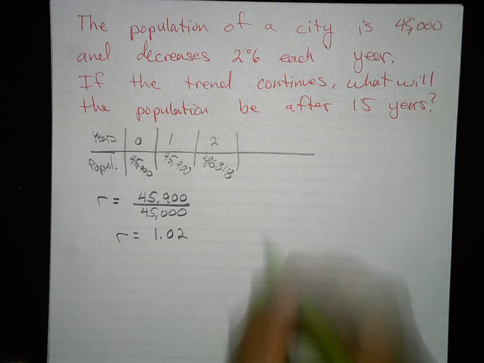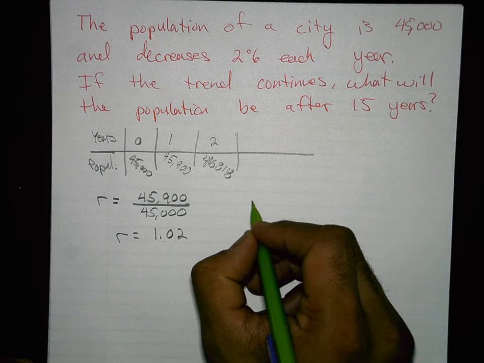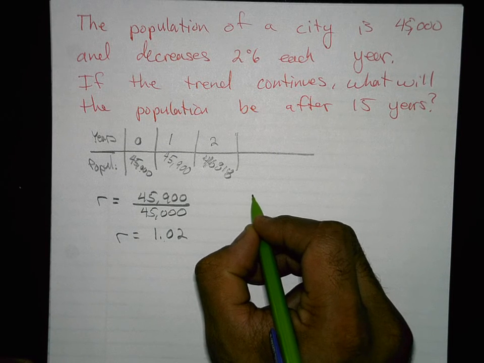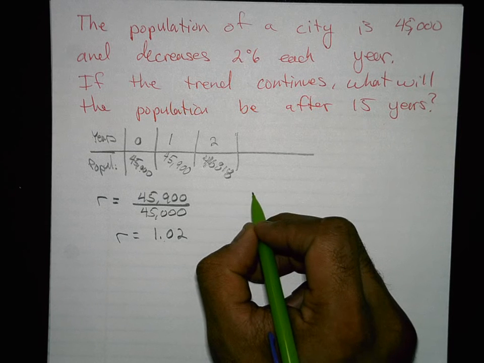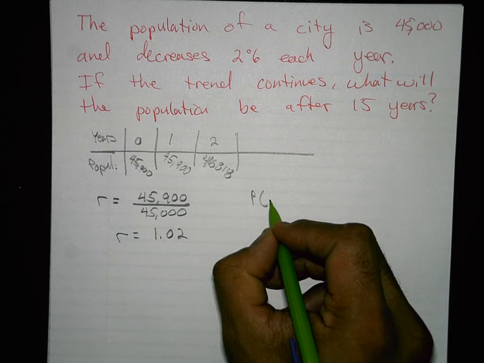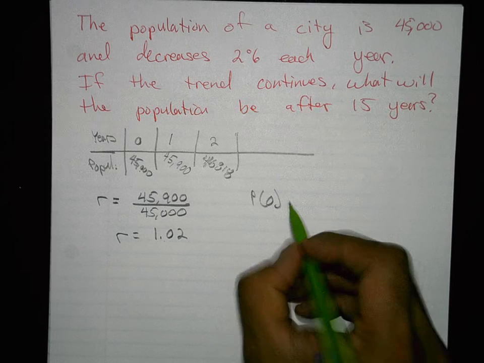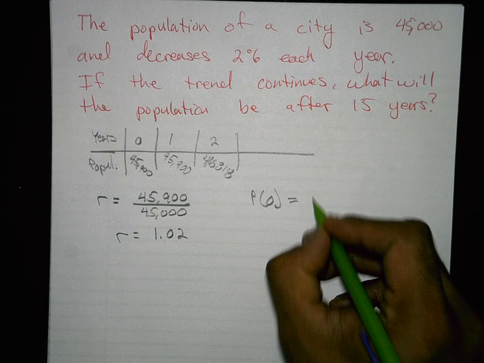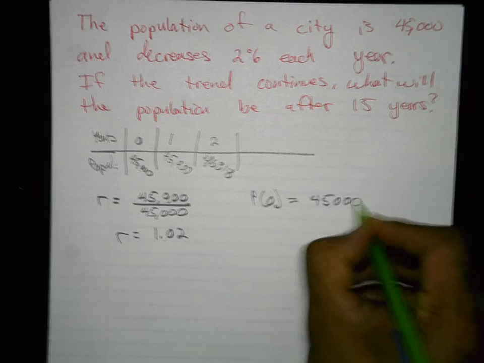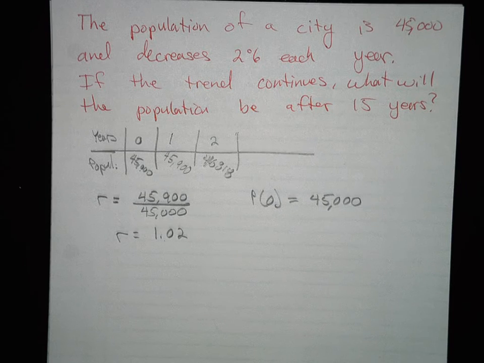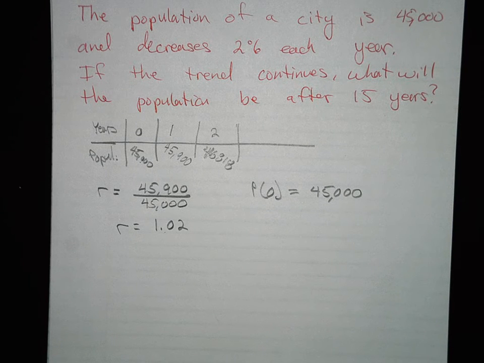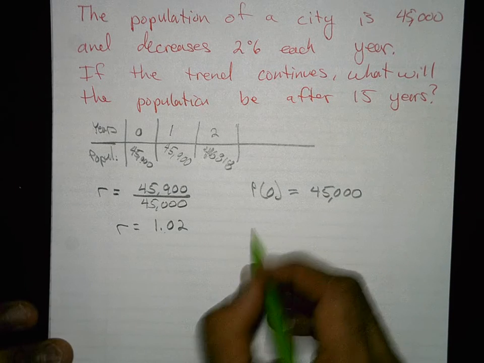My zero term, in this case, P of 0 for population, is equal to 45,000. So then I'll go ahead and write my actual function now.